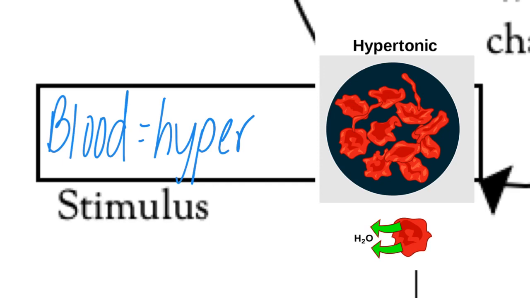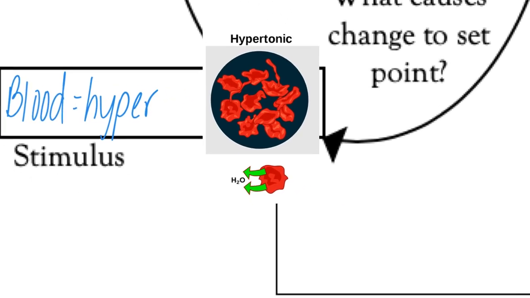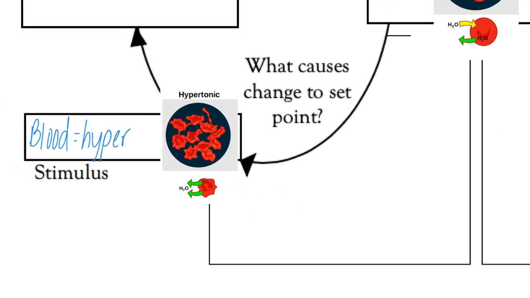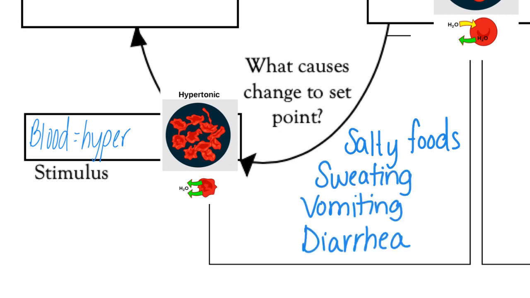So what would cause your blood to become really hypertonic? Well, anything that increases tonicity would do that. So any kind of intake of salt or anything that decreases the amount of water that you have in your body. For example, if you're exercising a lot, you'll be sweating out a lot of water. That water loss means that you have less water in your blood, and so your blood becomes hypertonic.